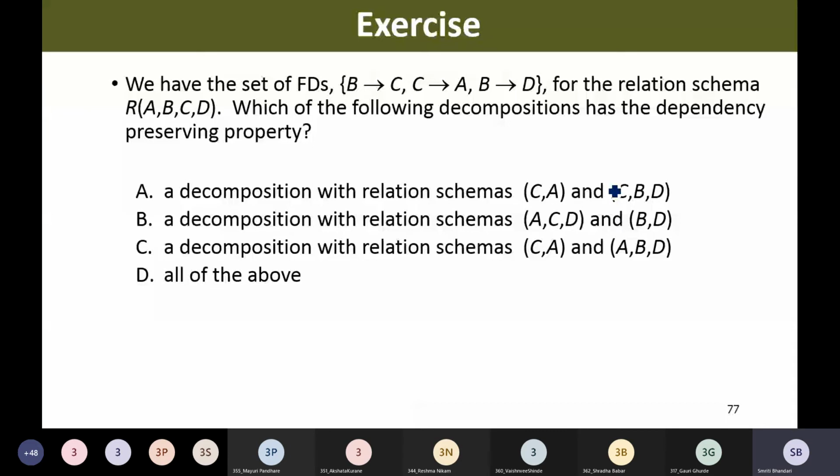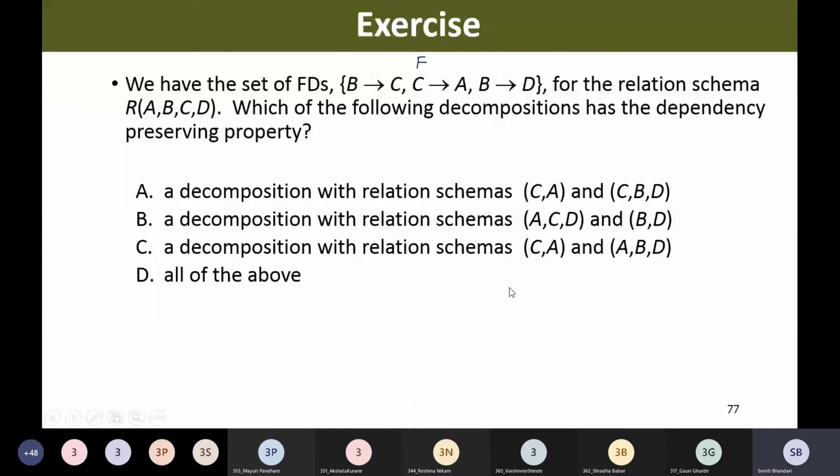What do we want as the condition to check? Given the set F, we need to test these functional dependencies for violation. And while testing these dependencies, we need not have a join of the relations.